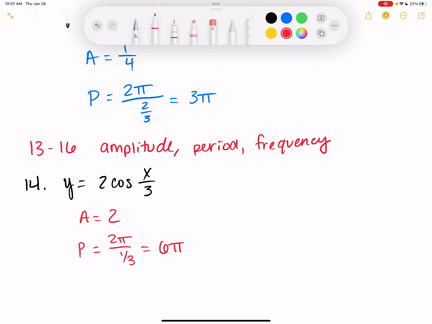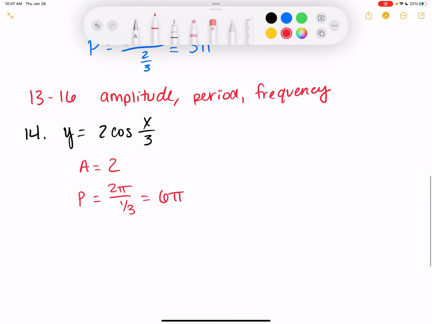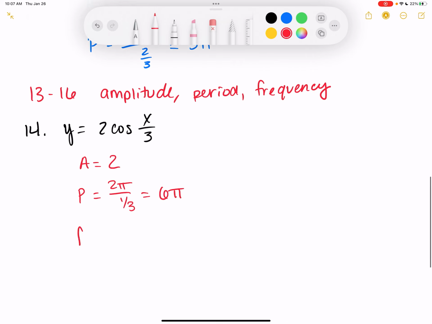Now the formula for frequency is the absolute value of b over 2 pi. So in a sense, it's basically flipping what we already had. So frequency is 1/3 over 2 pi, which is the same thing as 1/3 times 1 over 2 pi, or 1 over 6 pi.